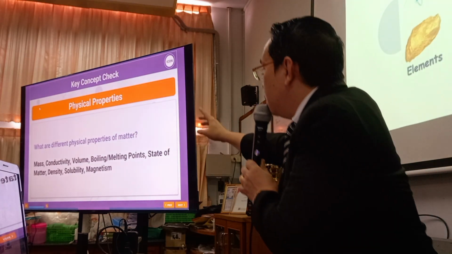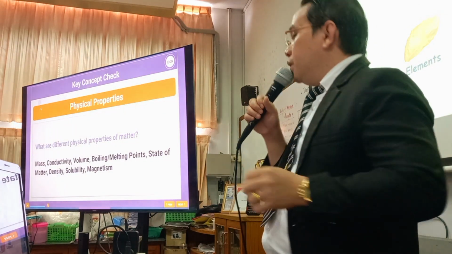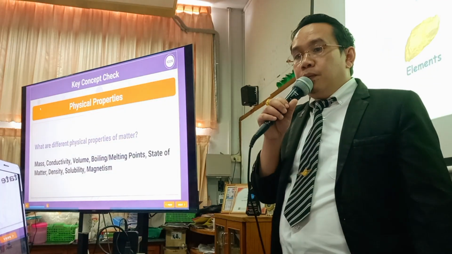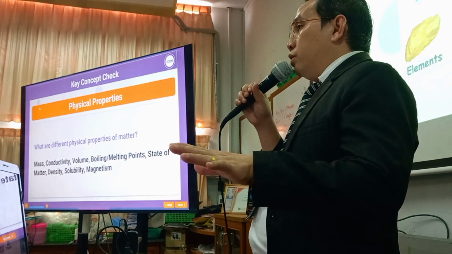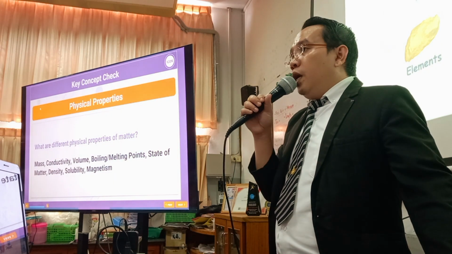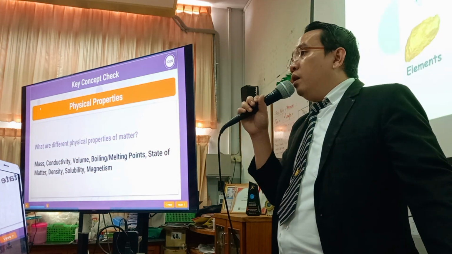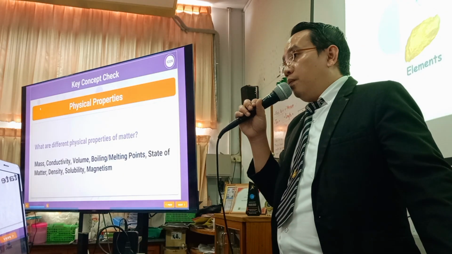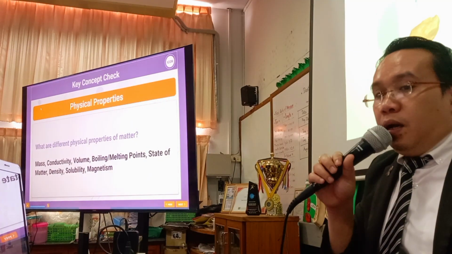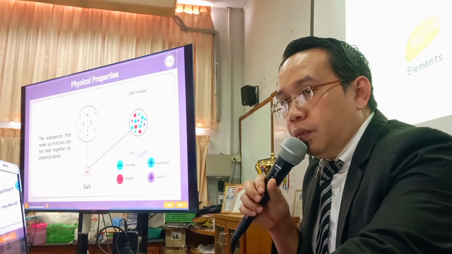Next one, boiling and melting points. Then the state of matter, either solid, liquid, or gas. Then the density, considering the presence of mass and its volume. Then solubility, magnetism, including electrical conductivity. All those things are very important to determine the physical properties of matter.